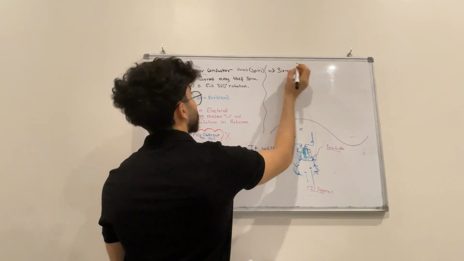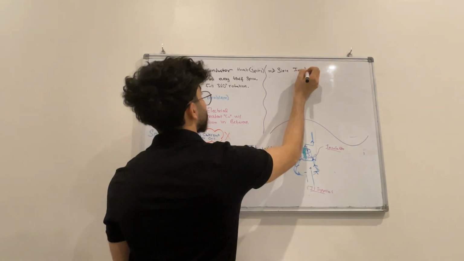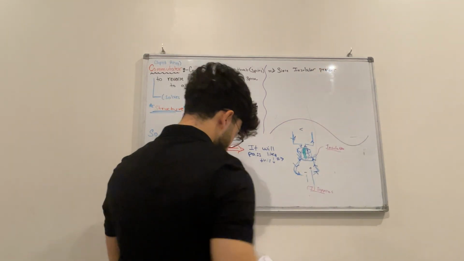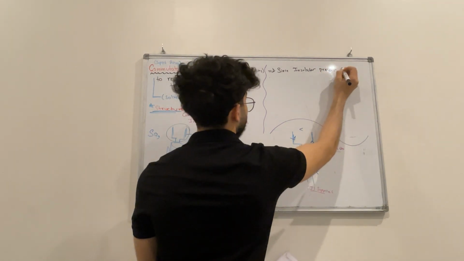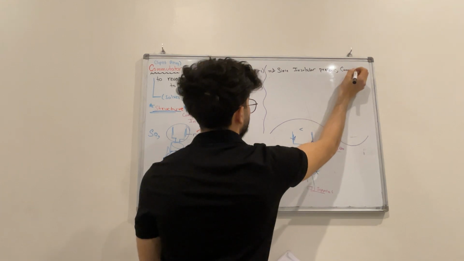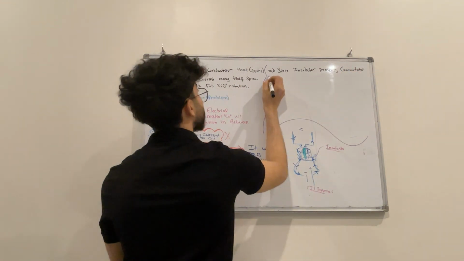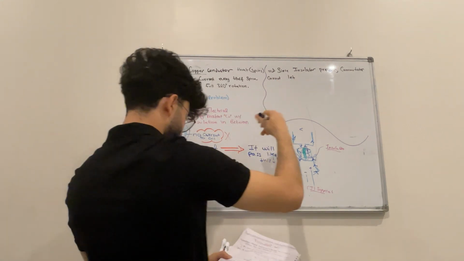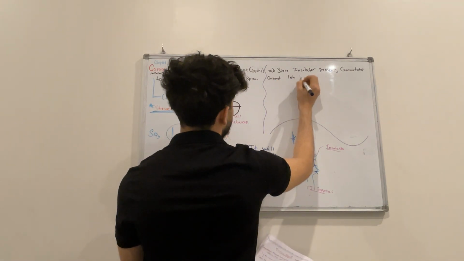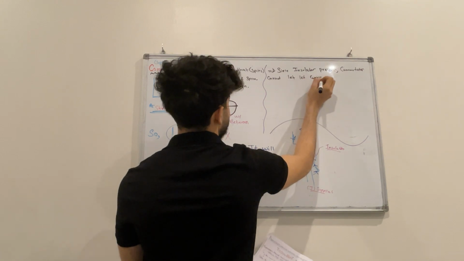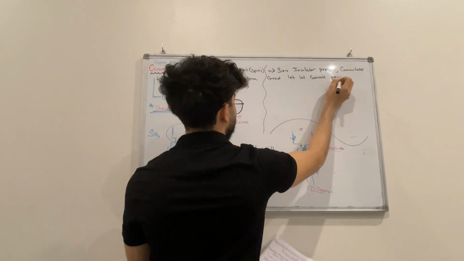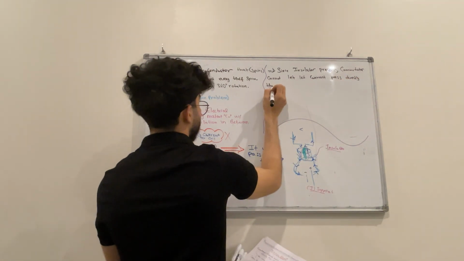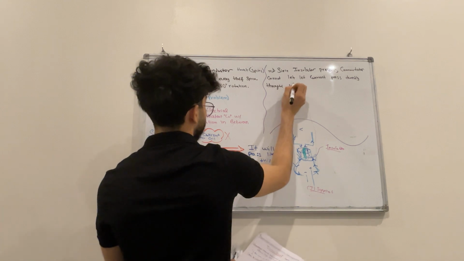Since insulator is present, okay, commutator cannot let current pass directly through it.